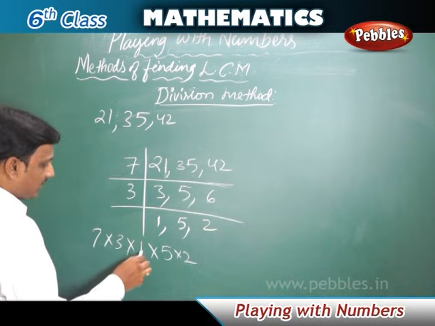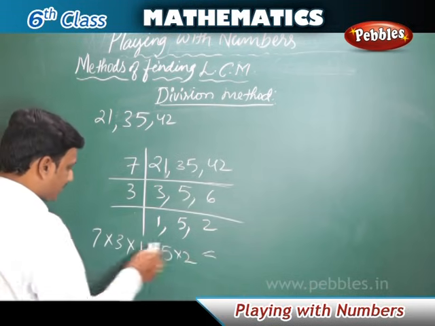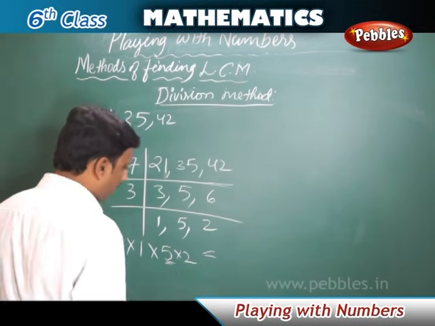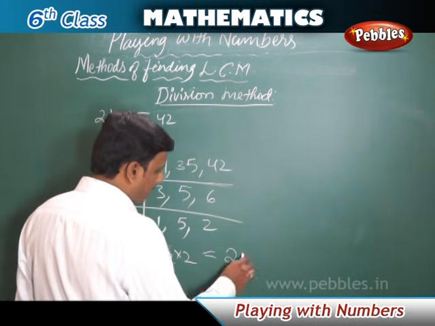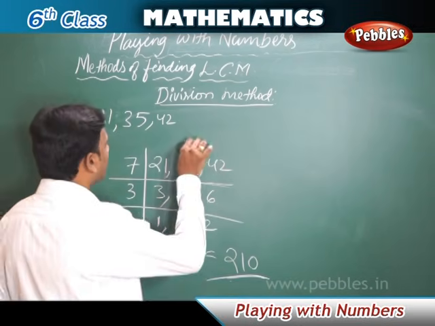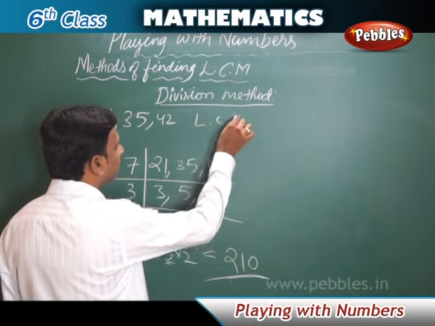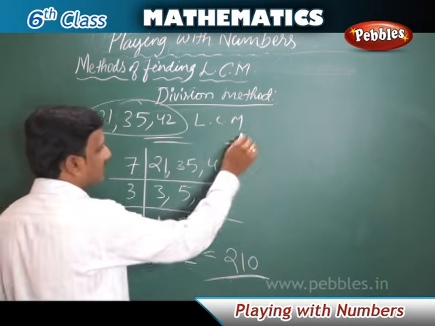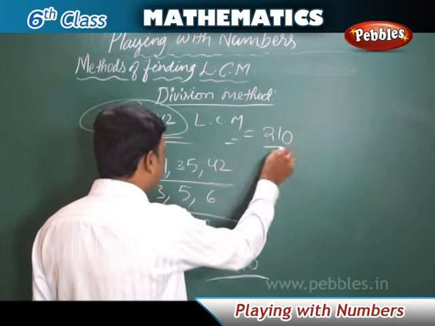So 7 into 3 into 1 into 5 into 2. 7 3s are 21, 21 5s are 105, into 2 is 210. So 210 is the LCM of these 3 numbers. The LCM is 210.